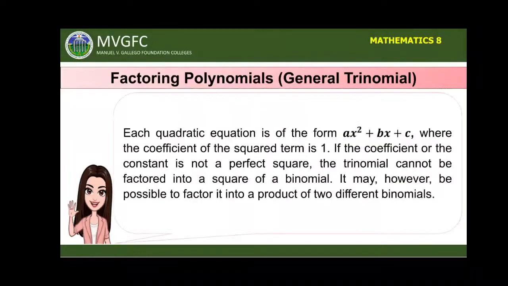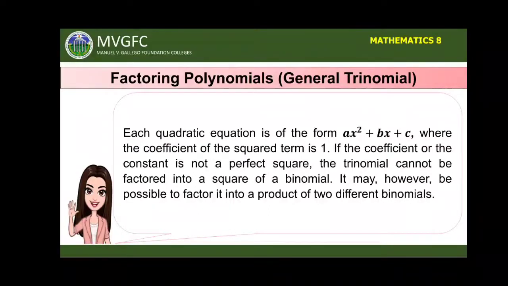In this lesson, we will only show you how to factor when a is equal to 1. As you read and understand the lesson, please take note in finding the answer for this guide question: how do you factor a polynomial in the form ax²+bx+c?